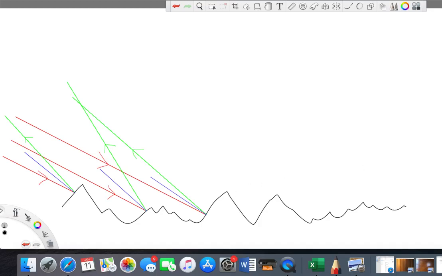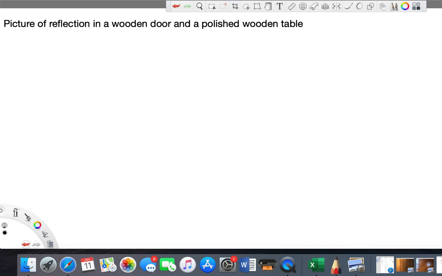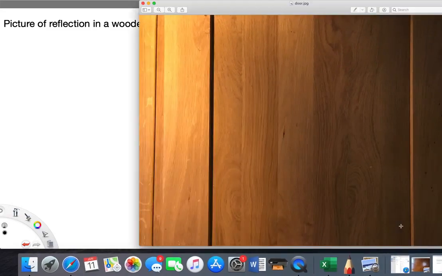So let me give you a couple of examples then of diffuse reflection. If we start with a wooden door, this, if you were to feel it, is a flat surface. It feels flat to the touch, but you can see, I'm standing taking a picture of this, but you can't see the reflection of me holding the camera.